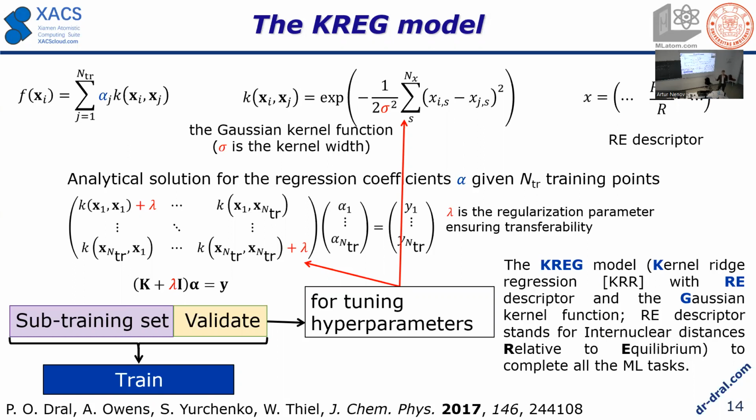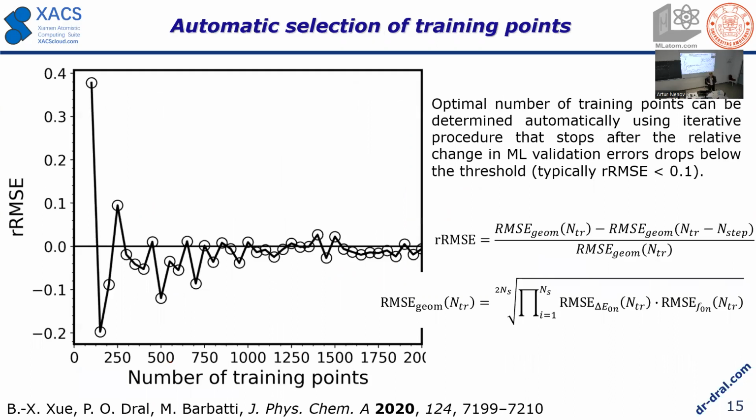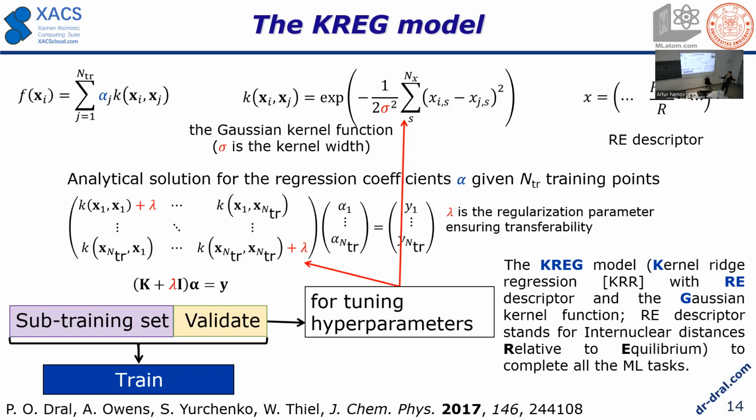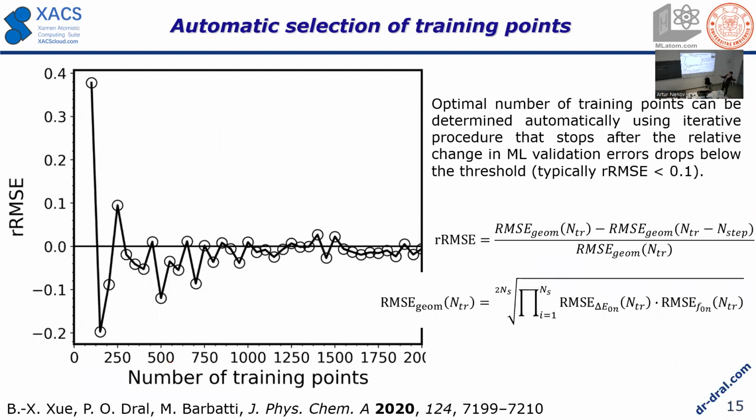So you can get your regression coefficients analytically, and then the quality of the spectra will also be quite good. And because it's machine learning, we have a validation set, which means we can get a validation error. And if you monitor the change in validation error from one iteration to another, then you can choose when to stop adding more points because it converges at some point.